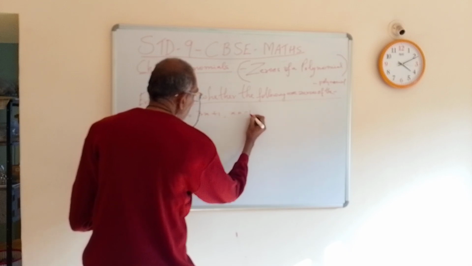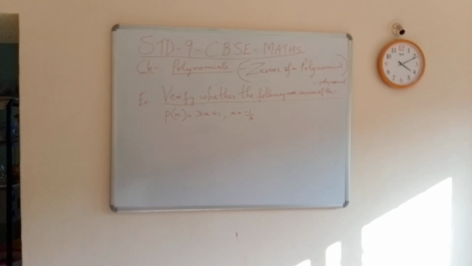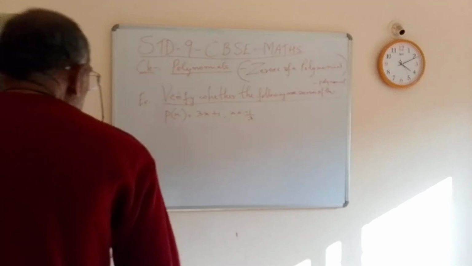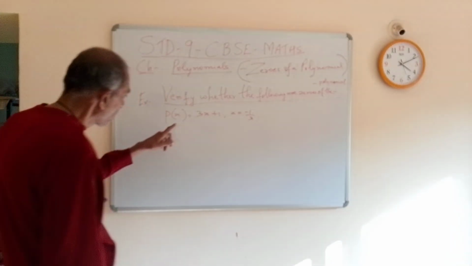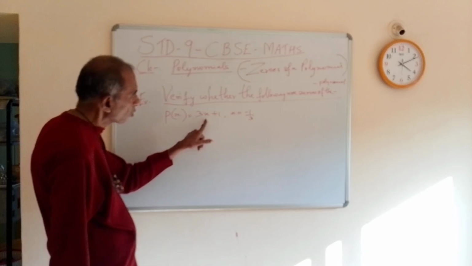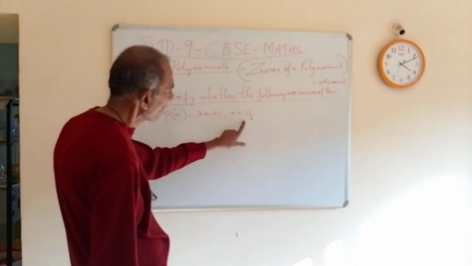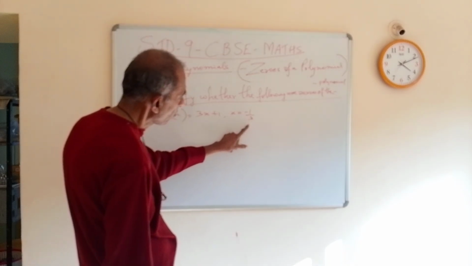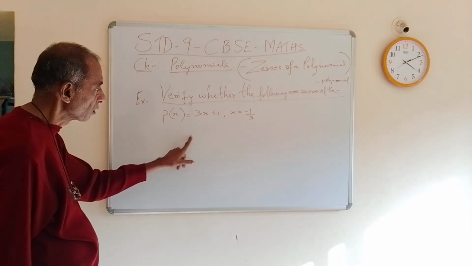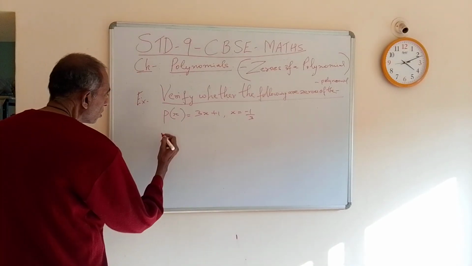Value of x is minus 1 upon 3. Okay, so here what is given is p(x) is equal to 3x plus 1, and we have to verify whether minus 1 upon 3 is a zero of this polynomial.